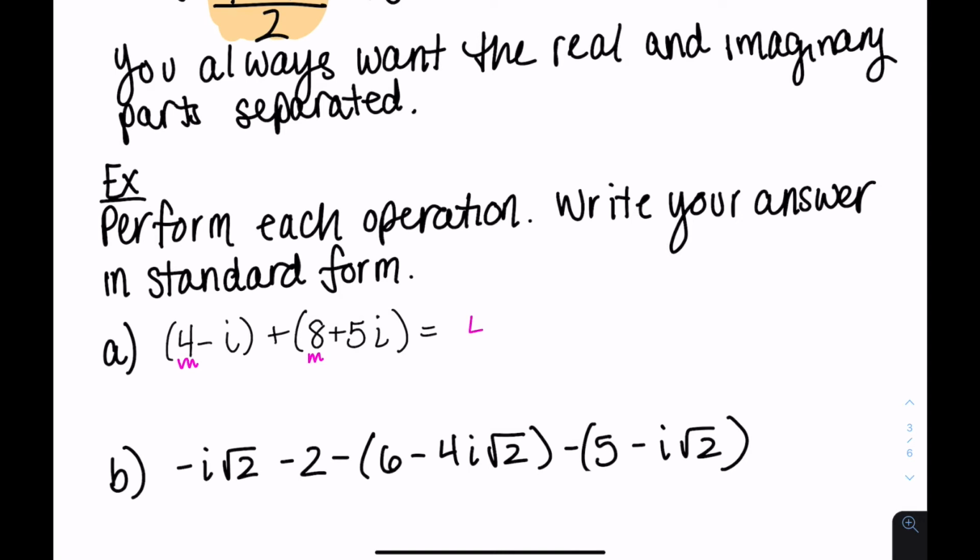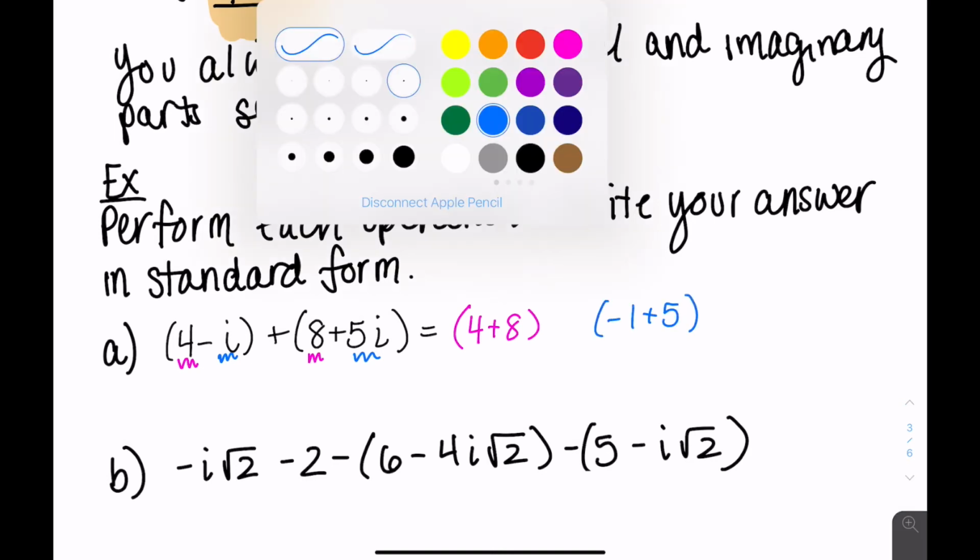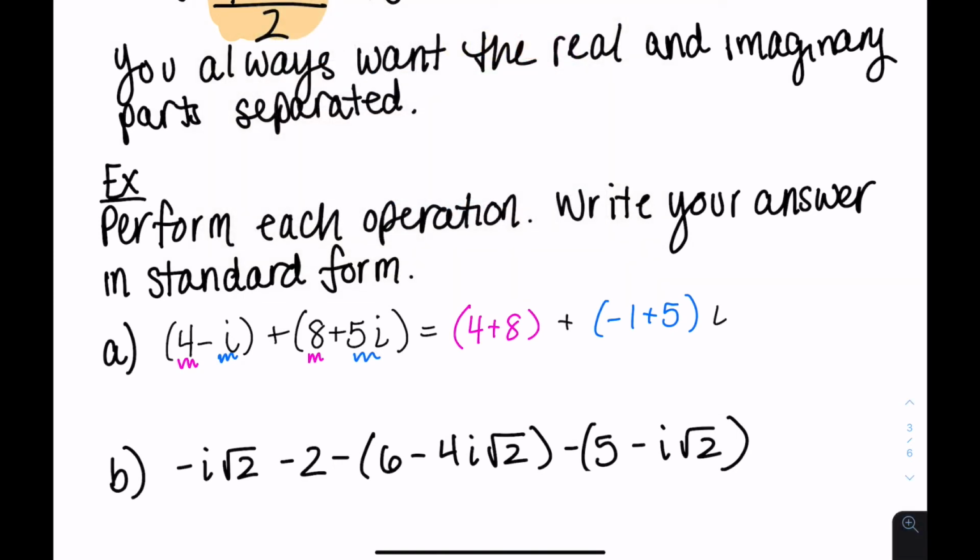We're going to add those together, so my new real part will end up being 12. And then I've got negative i plus 5i. So I've got negative 1 plus 5 more i. So this complex number is going to be 12 plus 4i, which is in standard form.